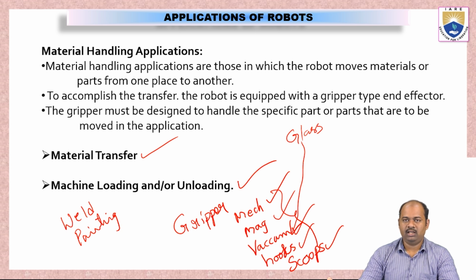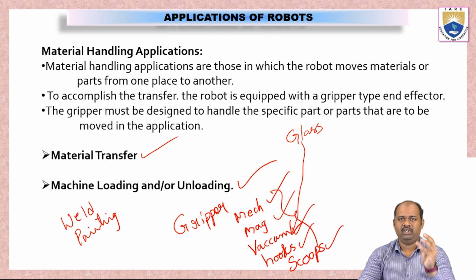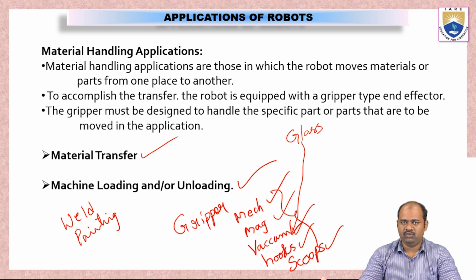When I am using glass objects, I cannot go for mechanical grippers, because mechanical grippers use mechanical fingers, made of metal or sometimes plastic, which have to hold the object very tightly to lift it. While holding the object tightly, these fingers will apply force on the glass plate, which may eventually break it and cause damage to the product.